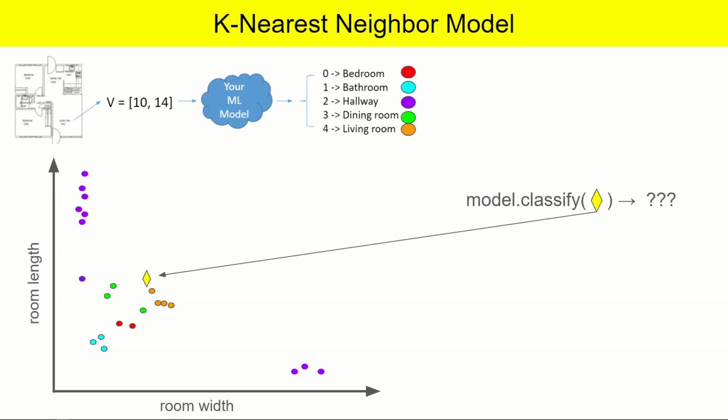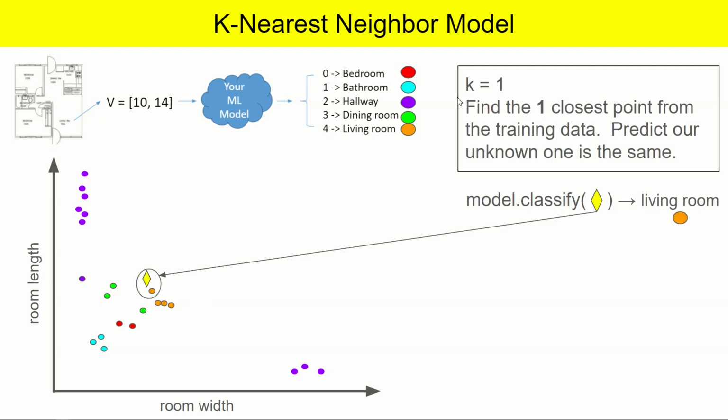And the way we're going to judge similarity is distance in this two-dimensional space. So if k equals 1, we're going to find the one closest point from the training data, and we're going to assume that the closest point in the space is a similar type of room. And so we're going to ask that piece of training data, what type of room were you? It was a living room. And so now we're going to predict that this one that was nearby is also a living room.